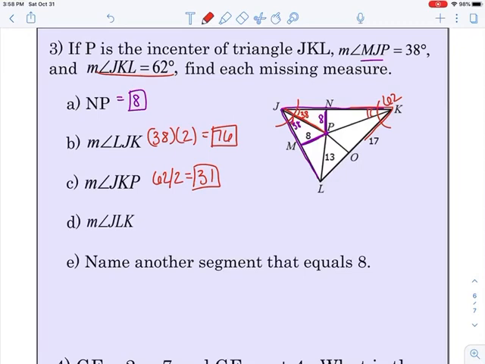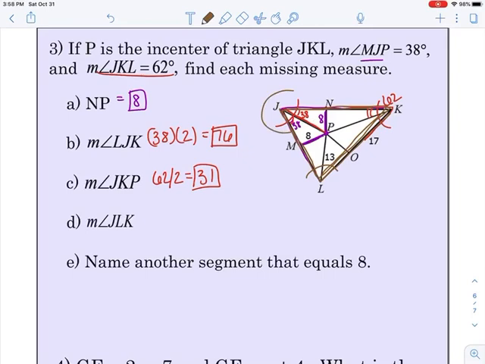Okay, and then the last angle measure that I need to find is JLK. Let me change the color of my pen. I did purple already. How about brown? Okay, JLK is going to be this entire angle there. If I look at the entire triangle and highlight it in brown, the 3 angles of the triangle have to add up to 180.